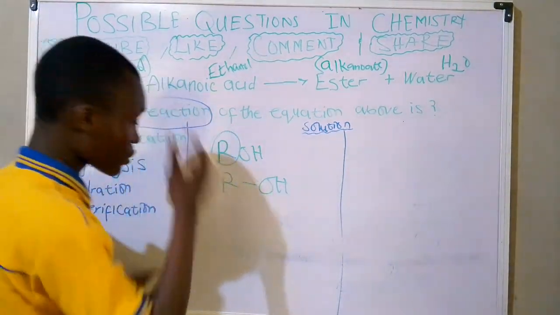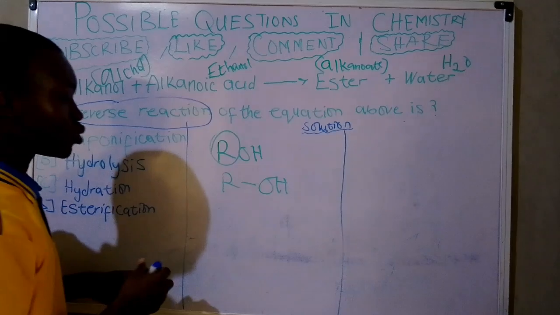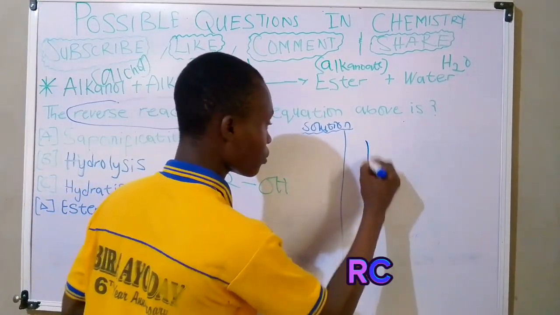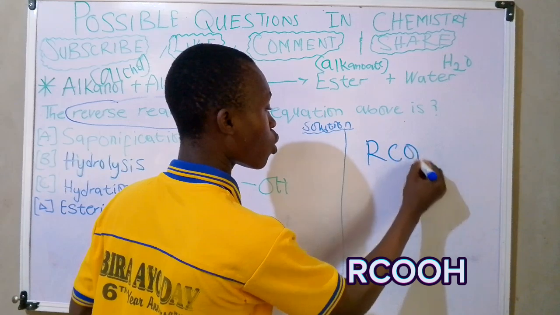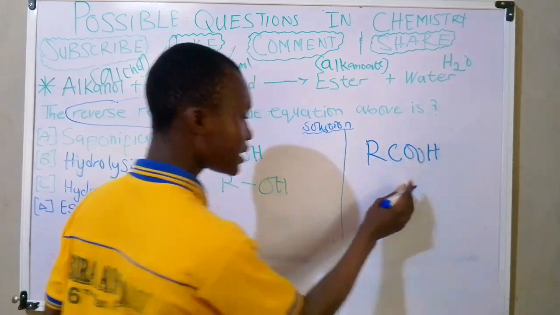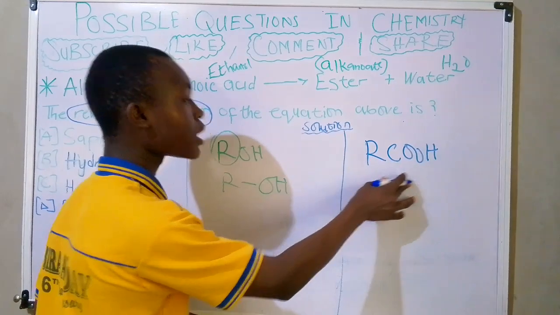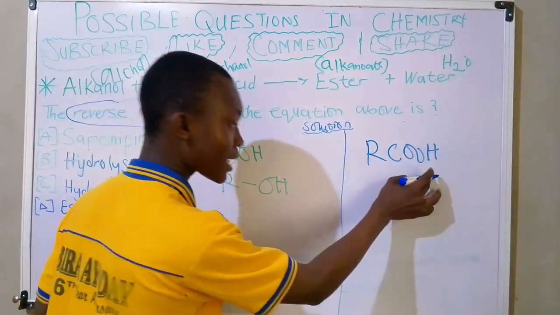Now for an alkanoic acid, the functional group is RCOOH. This is the functional group of an alkanoic acid.